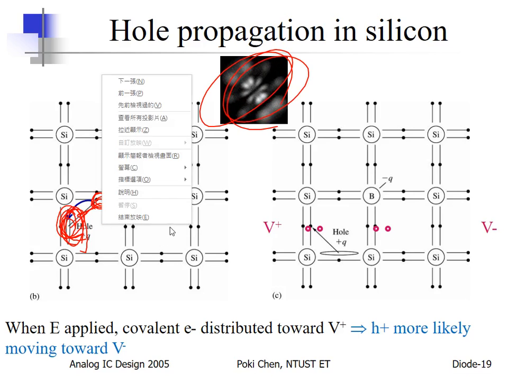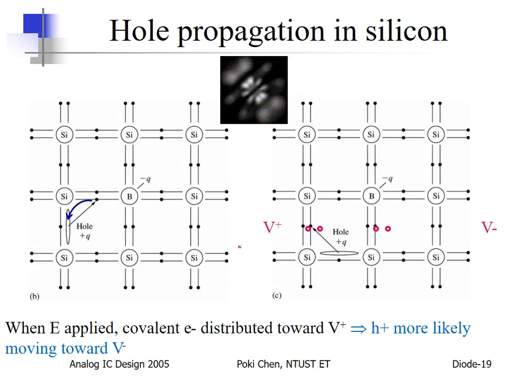So to your own view, you say, hey, look, the hole has shifted to there. But actually, the hole itself cannot move. Only because the electron here fills its vacancy, it looks like it moved to the other side.